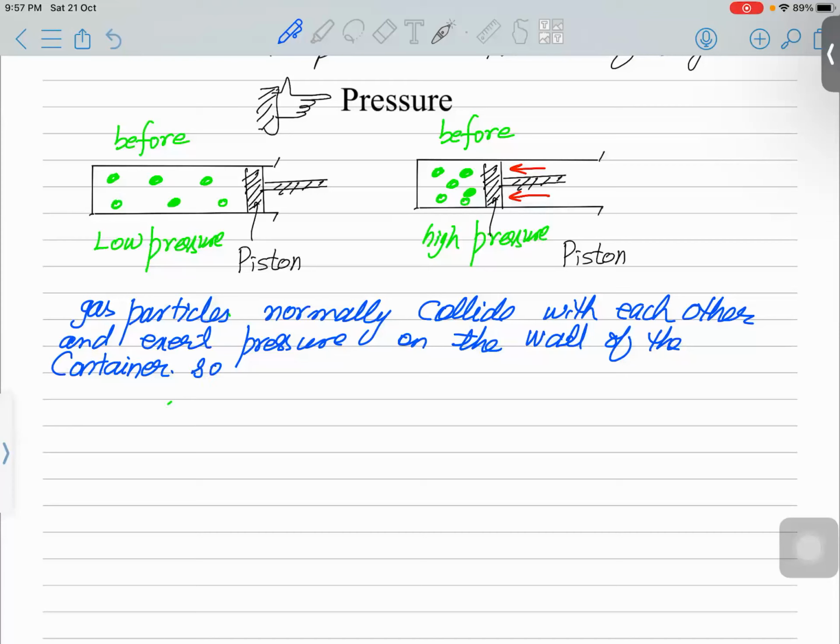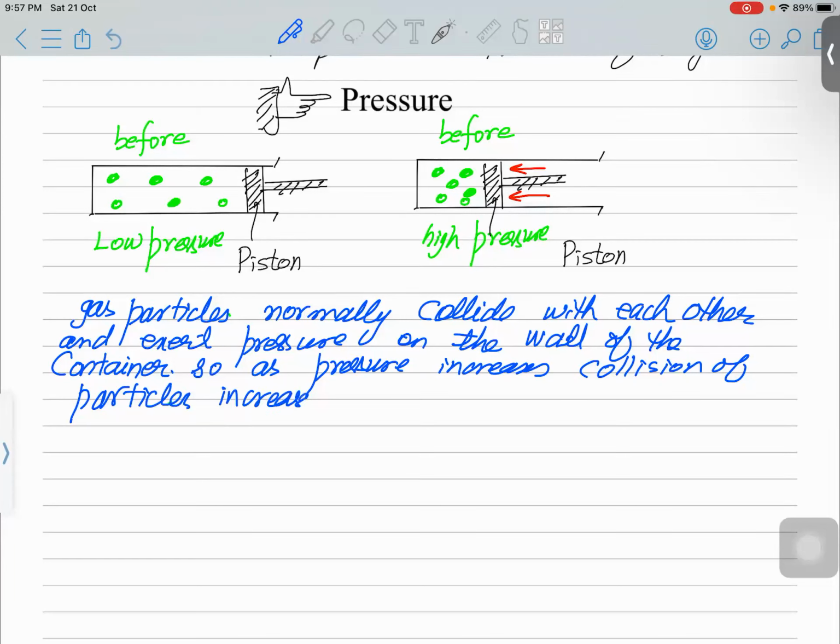So as pressure increases, collision of particles increases.